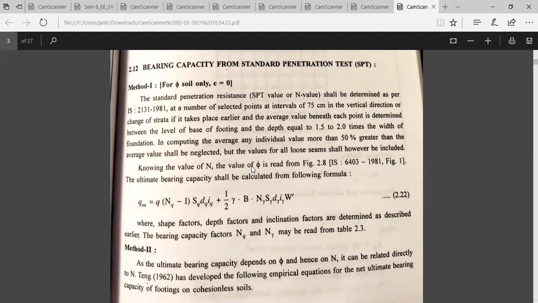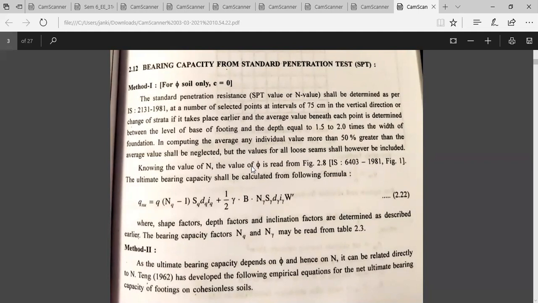The shape factors, depth factors and inclination factors are determined as described earlier: shape factor s gamma, depth factor d gamma, inclination factor i gamma. The bearing capacity factors Nq and N gamma may be read from the previous table, which is 2.3.